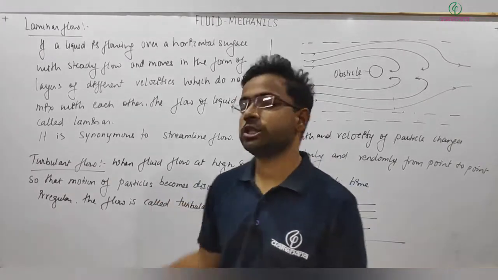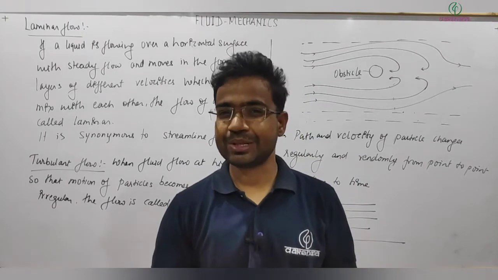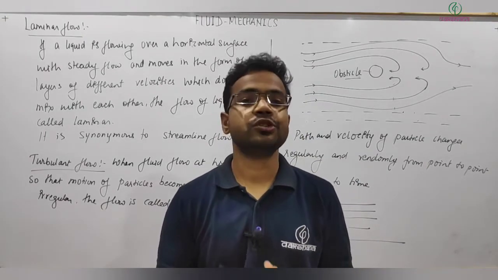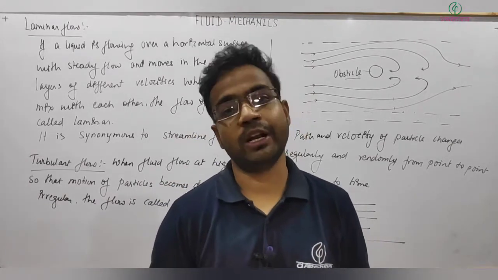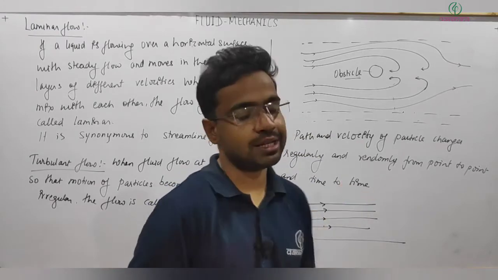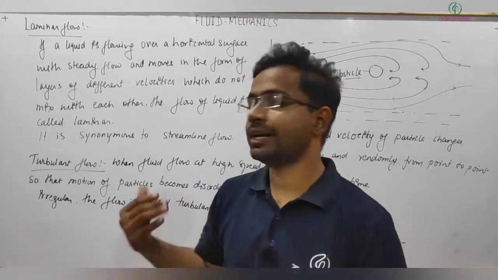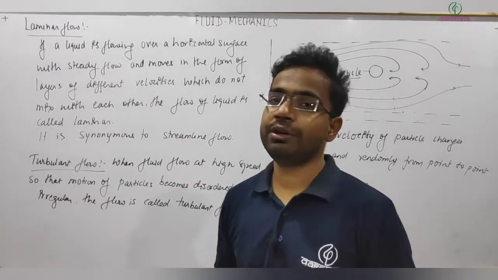Similarly, when the velocity of fluid flow becomes quite large, the next question is how large. For that we have a criterion defined by Reynolds: there is one critical velocity, which I will define after this. So when the velocity of fluid flow is below the critical velocity, the flow will be laminar.